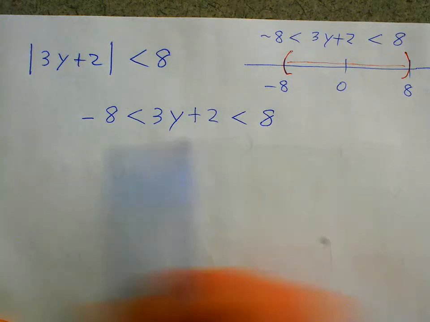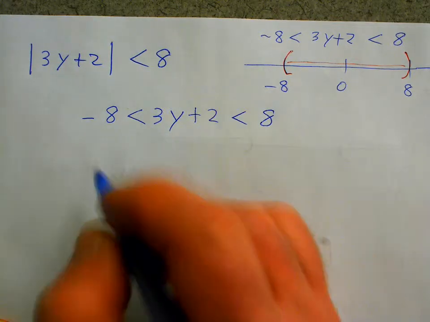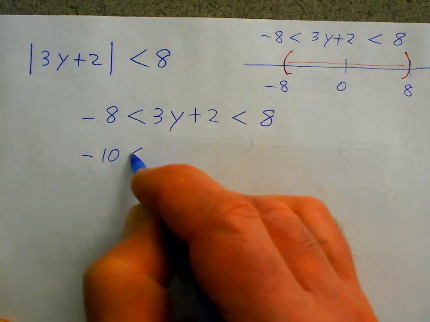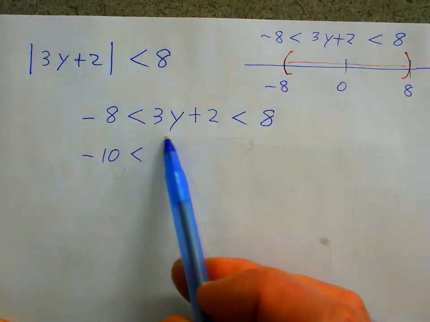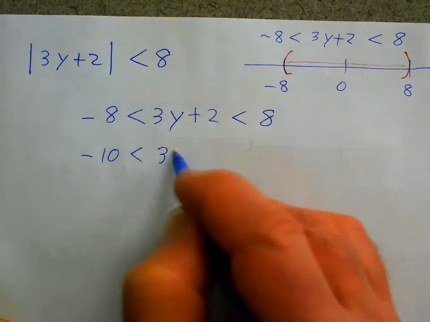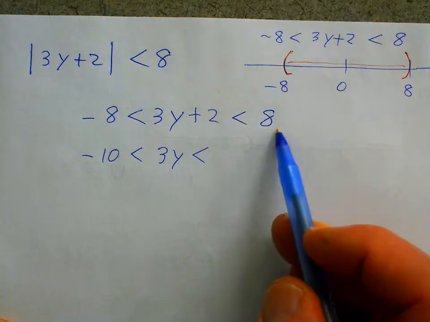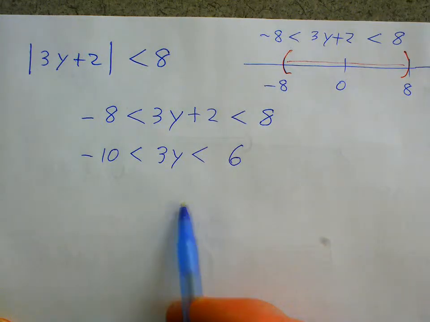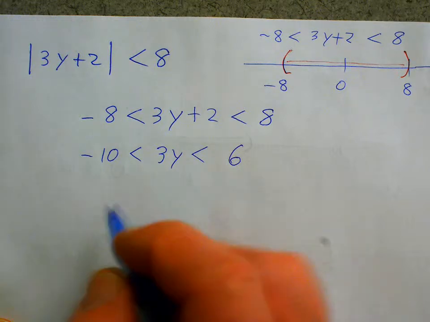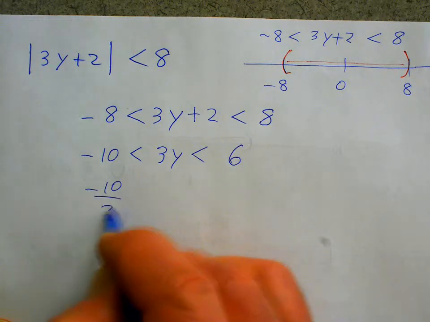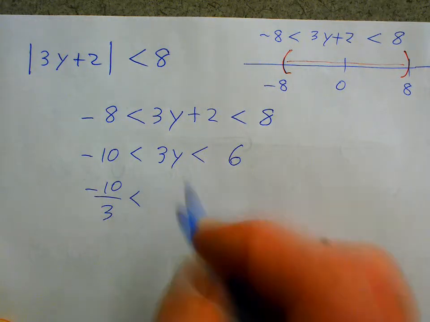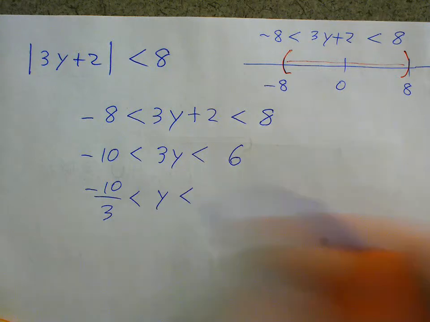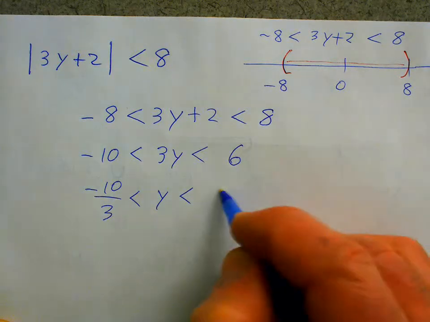First, subtract 2 from all three parts. Negative 8 minus 2 is negative 10. In the middle, 3y plus 2 minus 2 is 3y. And on the right, 8 minus 2 is 6. And then lastly, divide each of the three parts by 3. Negative 10 divided by 3 is less than 3y divided by 3, which is y, is less than 6 divided by 3, which is 2.